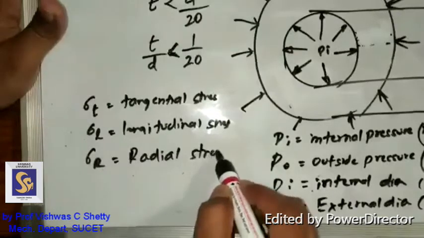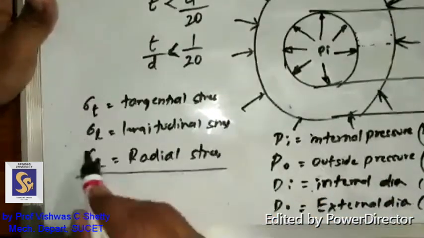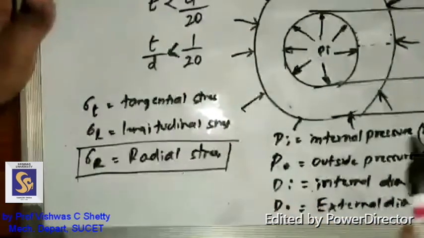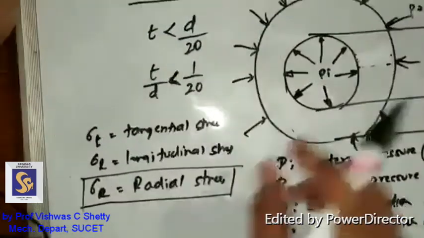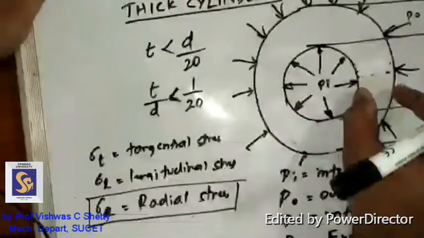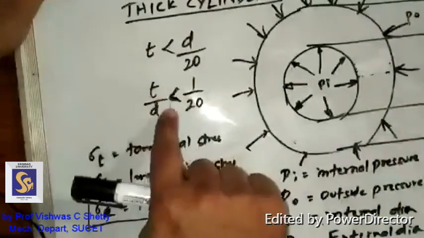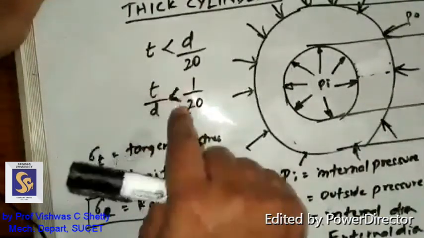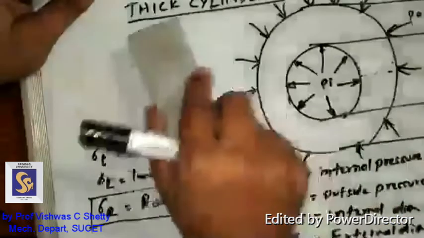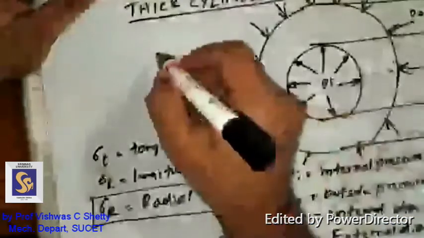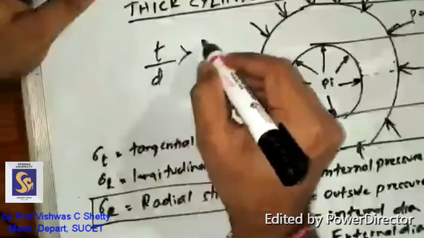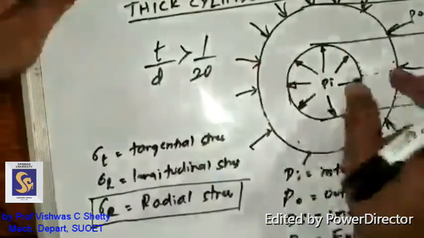In thin cylinders, we ignore the radial stress, since it is negligible as the thickness is small. Here, for a thick cylinder, the T by D ratio will be greater than 1 upon 20, so the thickness of the shell will be more.